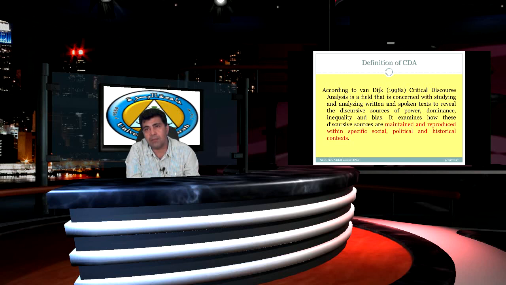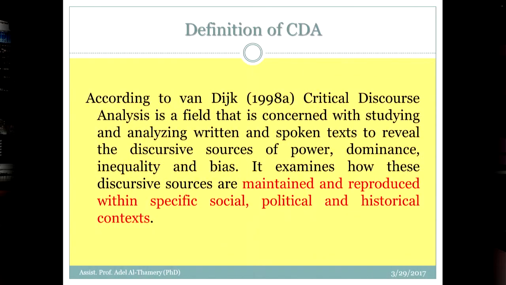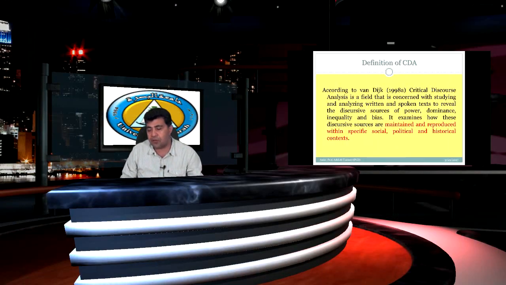The main aim behind studying these practices or texts is to reveal or unravel the discursive sources of power, dominance, inequality, and bias. And of course, we will study the discursive sources as maintained and reproduced in the text. Actually, the main concern here is the social, the political, and the historical context within which a certain text or discourse is produced.